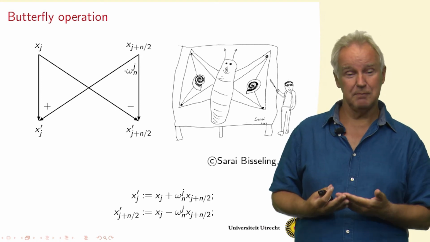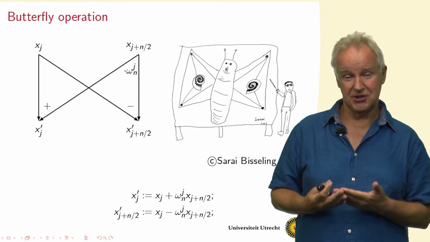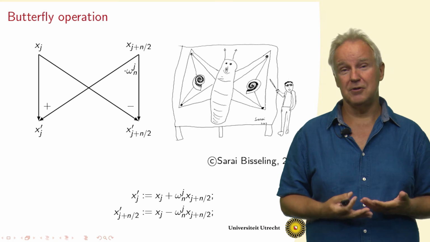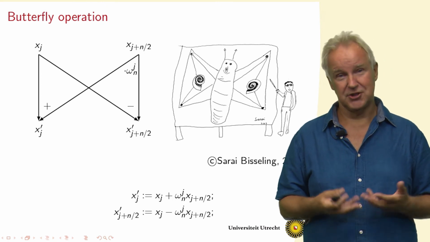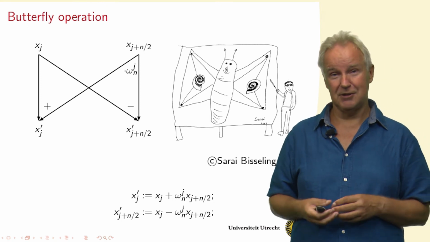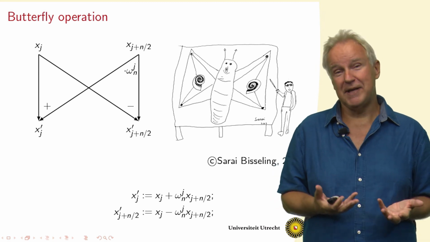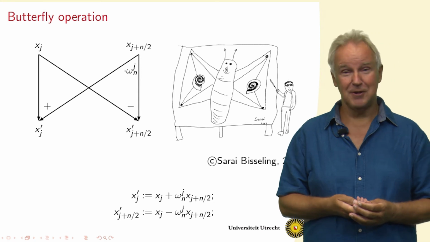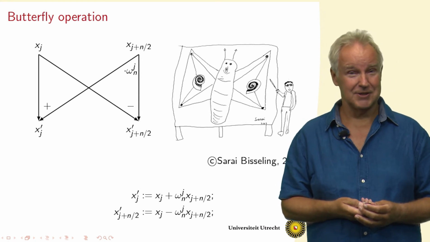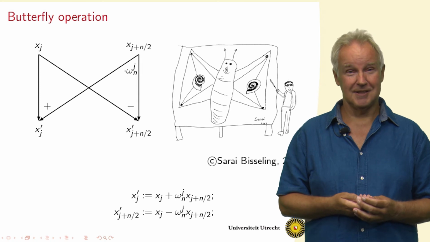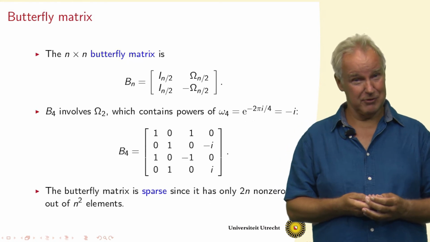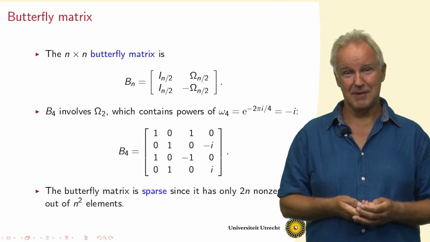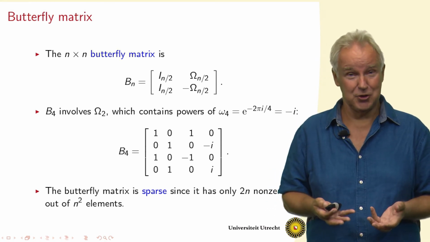So we have two inputs, xj and xj plus n over 2, and two outputs, and we denote them by a prime, so xj prime and xj plus n over 2 prime. And if you depict them in the way that I do, you get a butterfly. And that's why we call this operation a butterfly operation. And when we have a butterfly operation, we also have a butterfly matrix. So the butterfly matrix is just the matrix that I have shown you before.